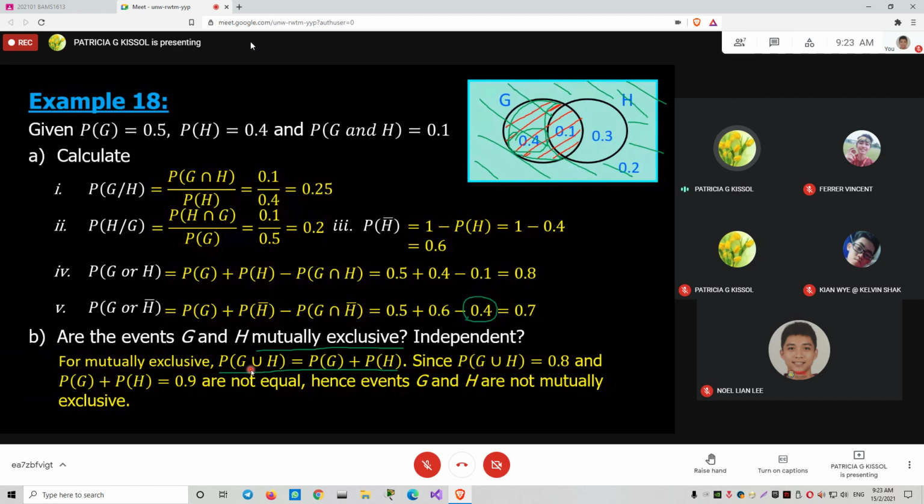But if you check the answer we obtained earlier, the probability of G or H is 0.8. And when you add the probability of G plus the probability of H, it is equal to 0.9. So you see 0.8 and 0.9, they are not equal, and hence we can conclude they are not mutually exclusive.